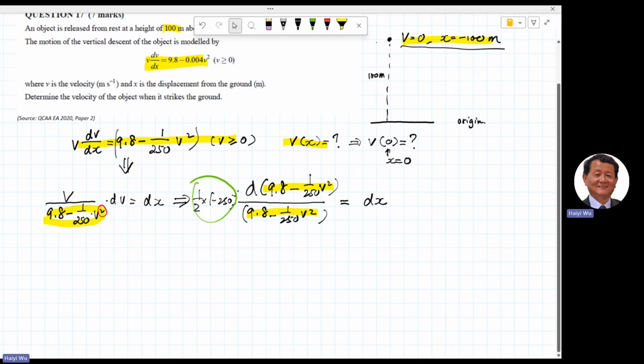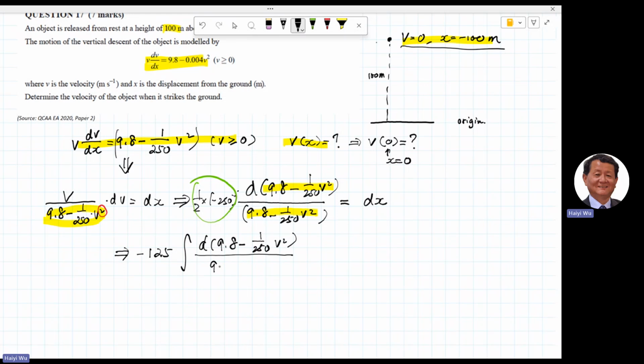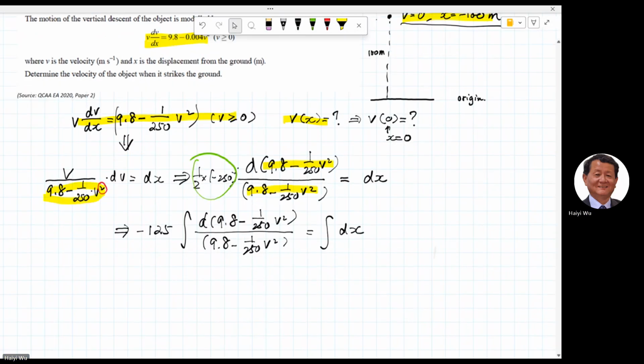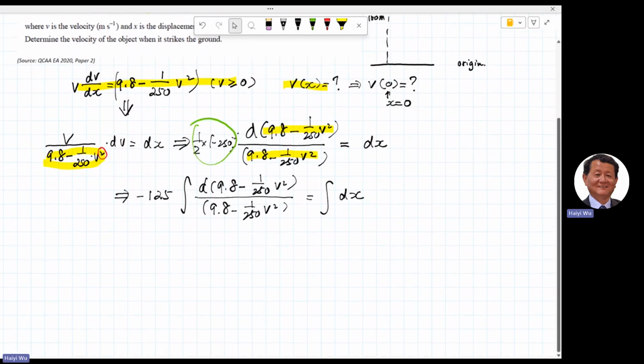Now I'm going to integrate. This is obviously going to be negative 125. I'm going to integrate both sides, so d of 9.8 minus 1 over 250 v squared, divided by 9.8 minus 1 over 250 v squared, so those are the same, equal to the right-hand side, the integral of dx.